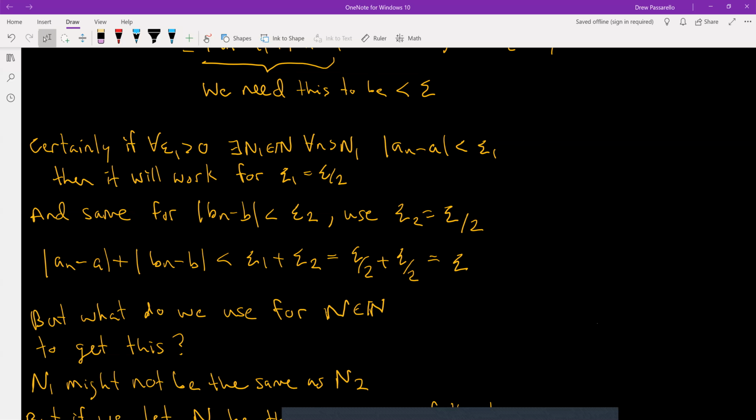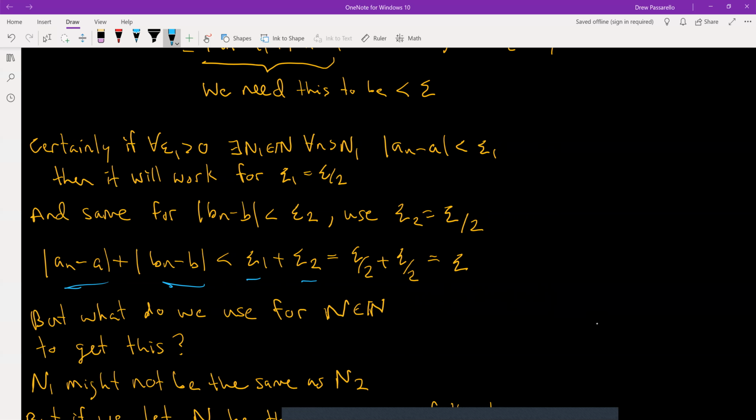And same thing for the sequence b_n. We get b_n minus b less than epsilon over 2, so that has to hold for all epsilon 2s. So just use epsilon 2 equal to epsilon divided by 2. That way we have these two being less than epsilon 1 plus epsilon 2. Well, epsilon 1 is epsilon divided by 2, and epsilon 2 is epsilon divided by 2. So that sum is epsilon.